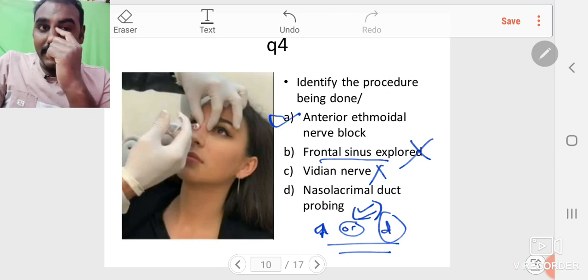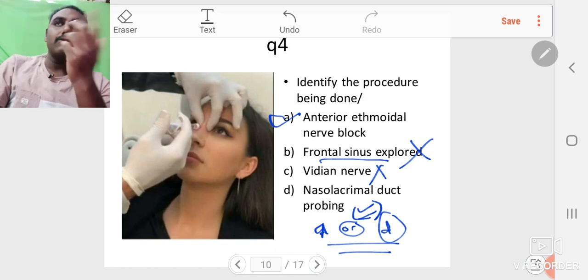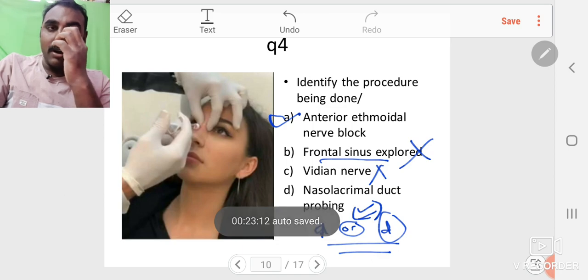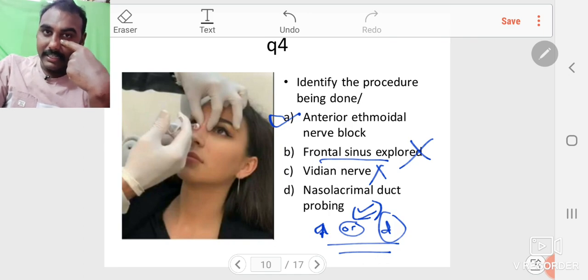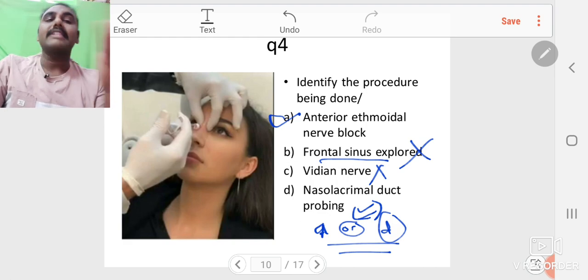It is not here, it should be somewhere below. You can feel it in your nose also. So, when you want to block the anterior ethmoidal nerve, it runs just below the medial canthus area. Once you put an injection or irrigation here, this part of the anterior ethmoidal nerve will get anesthetized.